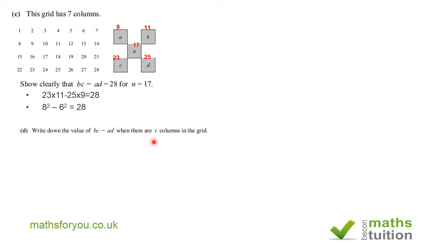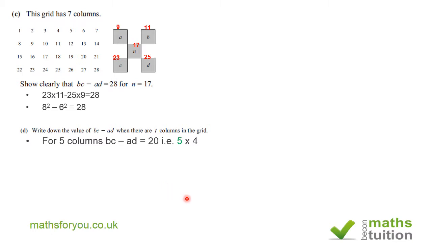Write down the value of BC minus AD where there are T columns in the grid. Now, this time around, the number of columns is T. To begin with, for 5 columns, BC minus AD is 20, and if you divide 20 by 5, you get 4.